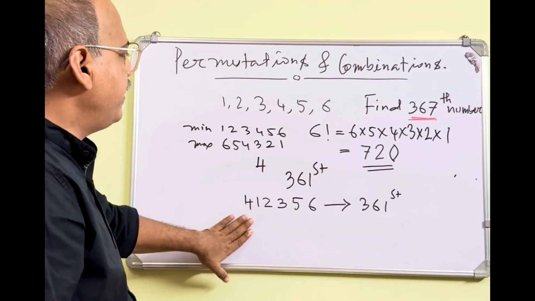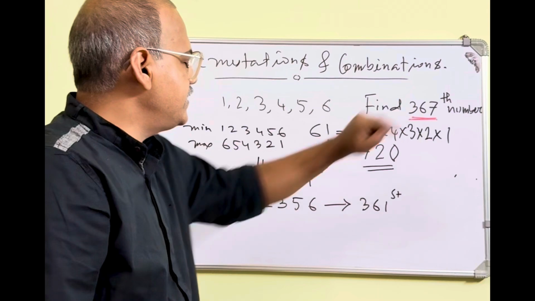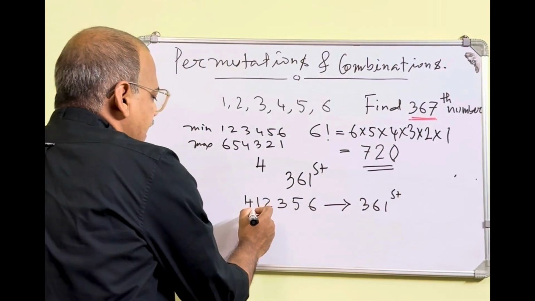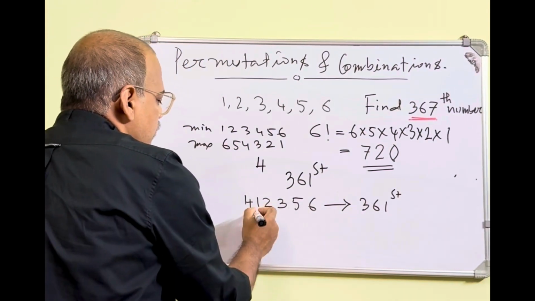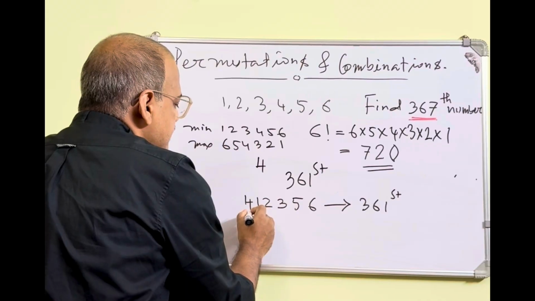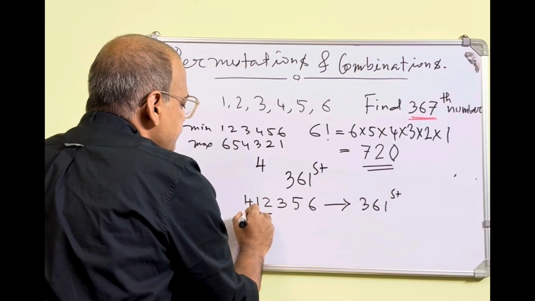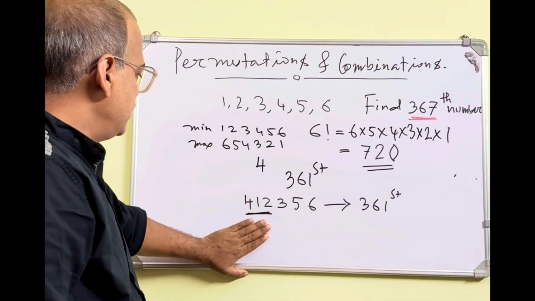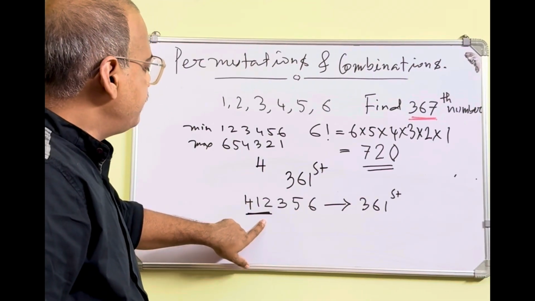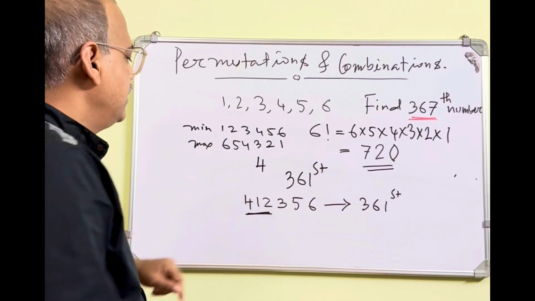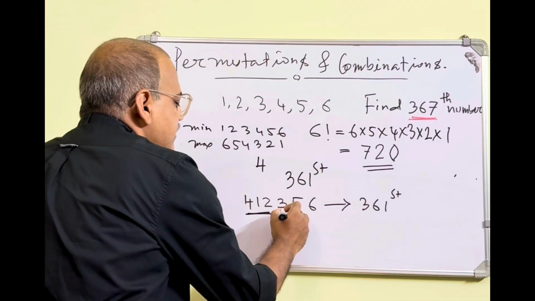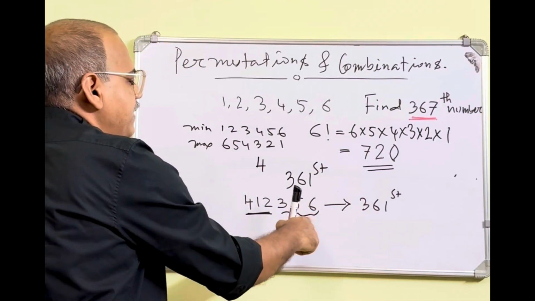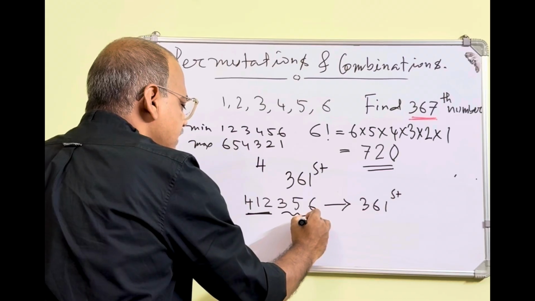Yes, and we need to find 367. So let's say 4. So we need to find the number starting with 412. How many numbers can we form with 412? The remaining 3 places can be filled in 3 factorial ways.